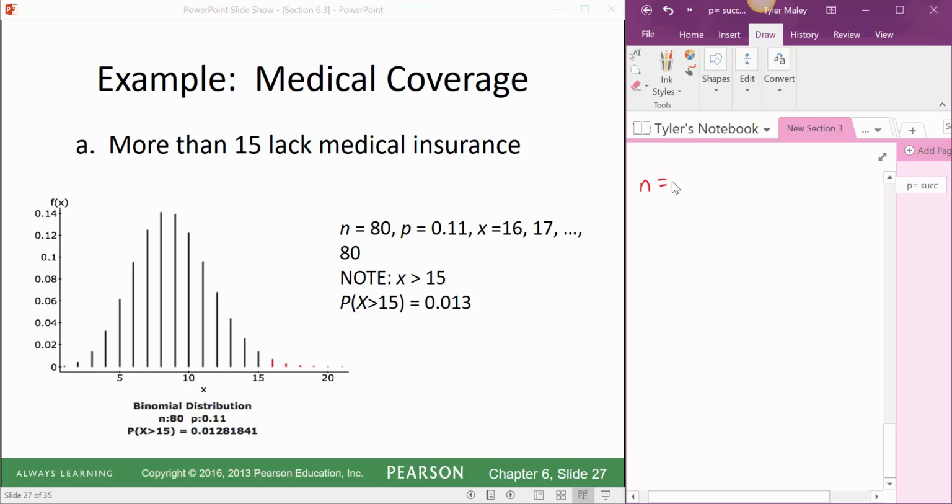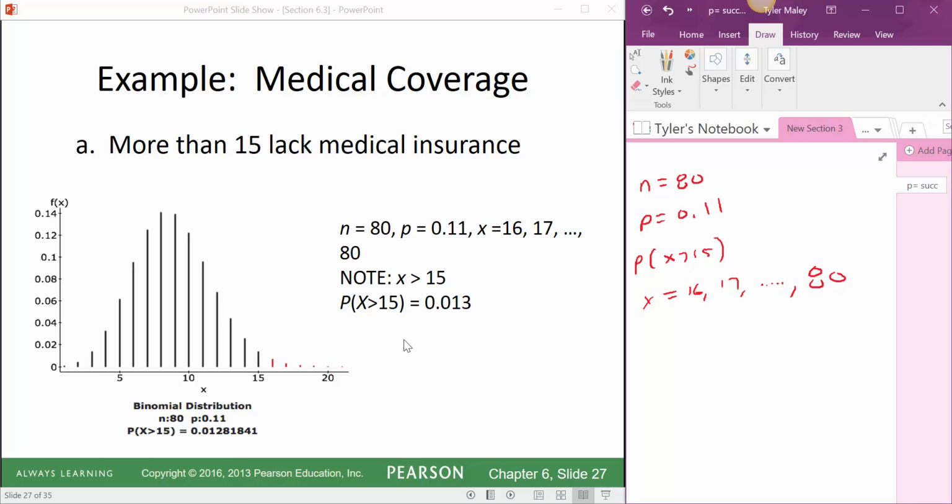So n is 80, p is 0.11, and if I want to find the probability that more than 15, in other words, x is bigger than 15, this would be finding when letting x be 16, 17, all the way up to n, which is 80. So we want to find all of those. I want to find the probability that x is greater than 15.